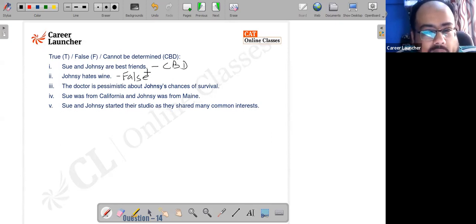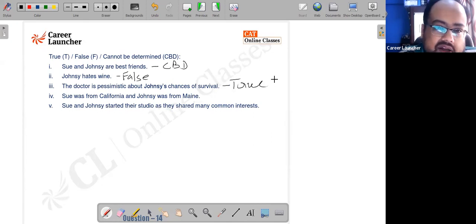So the second one is false, because chances are that Johnsy likes wine. The third one says the doctor is pessimistic about Johnsy's chances of survival. This is absolutely true. The doctor does not have very high hopes about Johnsy's chances of survival. This is absolutely true.